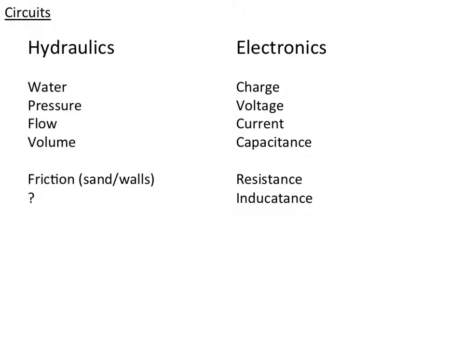What's flowing, the flow of water, is current in electronics. If we have some big container with a given volume, that goes to the capacitance, which we haven't talked about yet, but we'll have capacitors in electronics. Friction, either because you're flowing through sand or with the walls of pipes, is like the resistance in electronics.